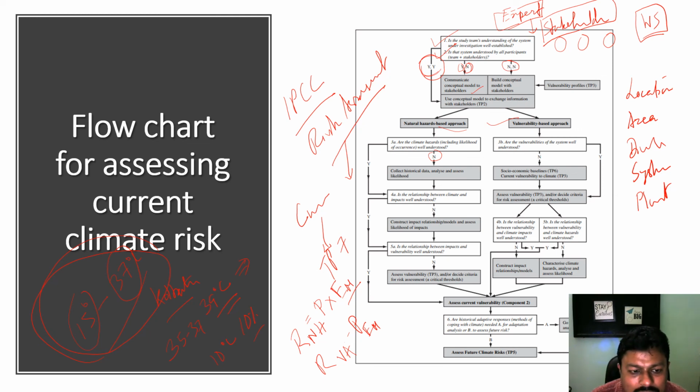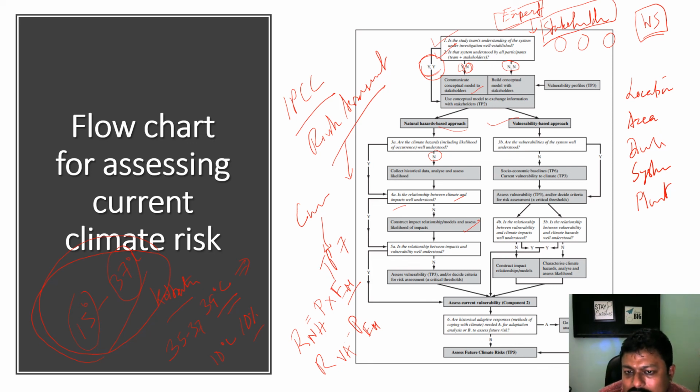So the next question is whether the relationship between the climate and its impact is well understood. If low, then impact analysis has to be created. Is the relationship between impacts and vulnerability well understood?